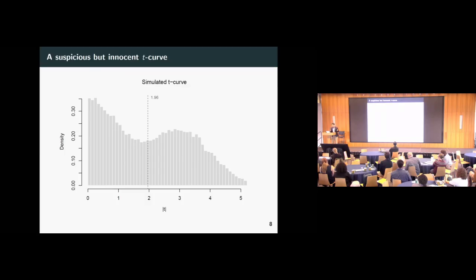Nevertheless, you can see that around the significance threshold of 2, to the left, there are relatively few t-scores, and as we move to the right, there are more t-scores. This t-curve was generated simply by researchers who were doing good power calculations. So many of the t-scores happen to be significant because their power calculations were good. But this is completely honest. There was no selection involved, even though the t-curve looks suspicious.